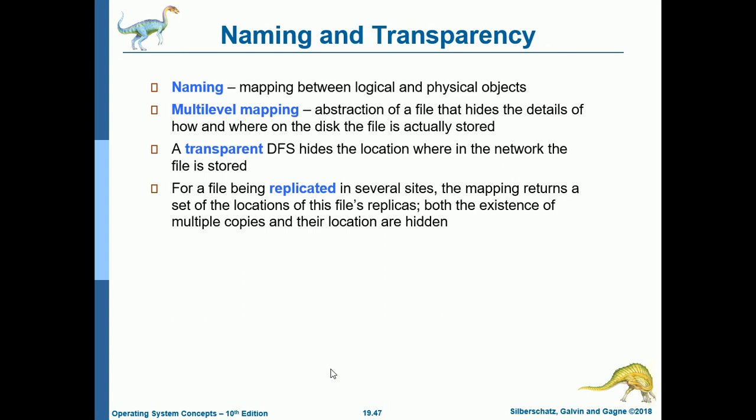Actually, for us users, we don't care where this file is stored as long as we can use and download that file, right? And for a file replicated in several sites, the mapping returns a set of the locations of this file's replicas. Both the existence of multiple copies and their locations are also hidden.